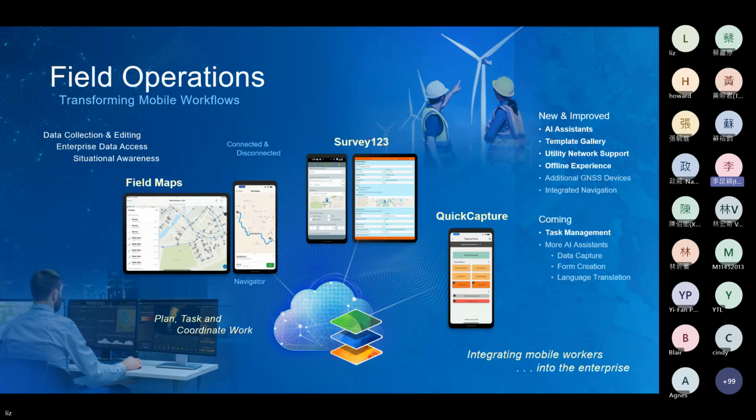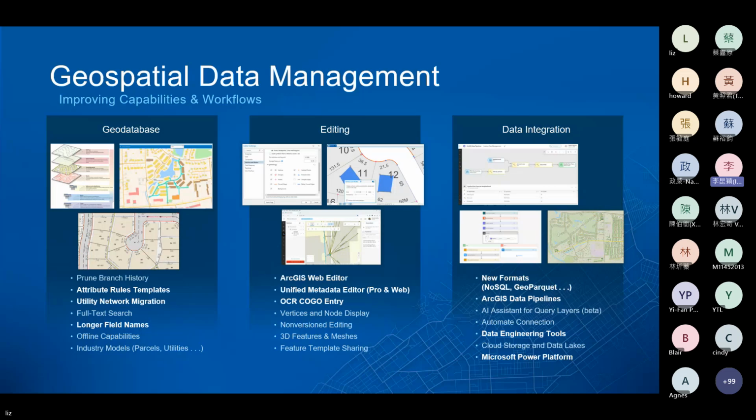And ArcGIS is a system of record for many organizations, and we're continuing to simplify and strengthen geospatial data management. Our improvements focus on 3 key areas, namely geodatabase, editing, and data integration. The geodatabase now offers advanced functionality with better support for attribute rules, utility network migration, and schema maintenance.